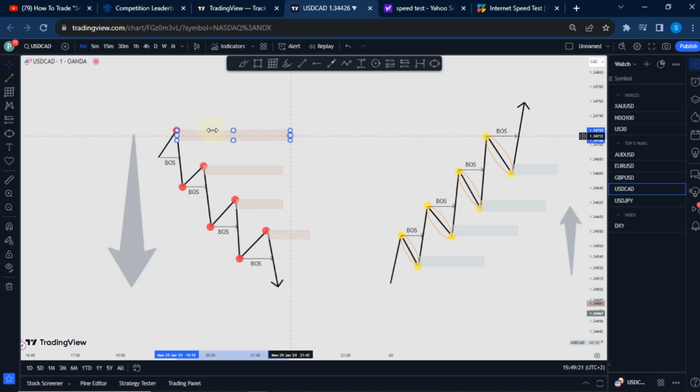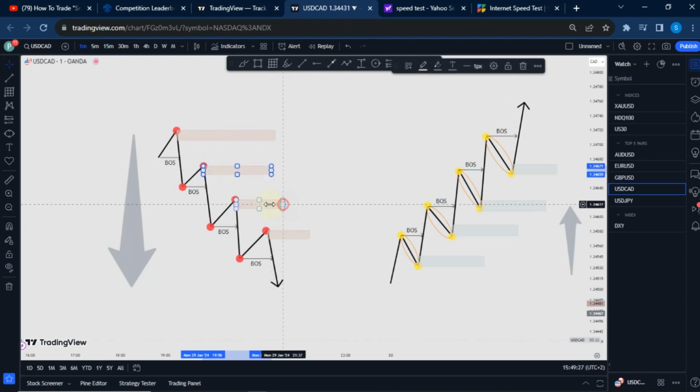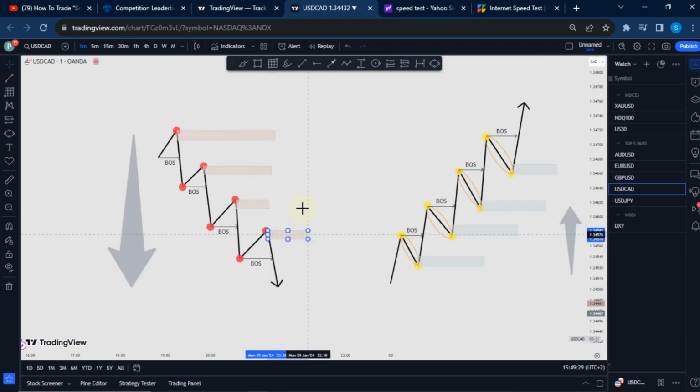These zones here are our supplies, right? These are the zones that when we draw, or when we do our top-down analysis, we're gonna be interested in taking trades once price comes to those zones.